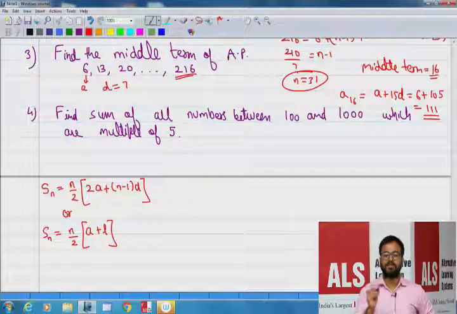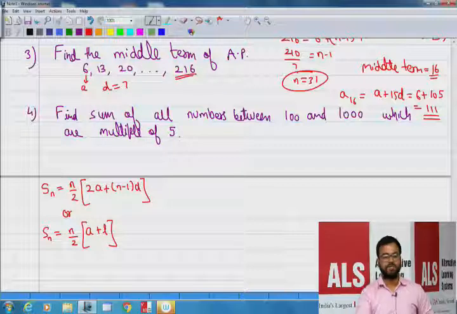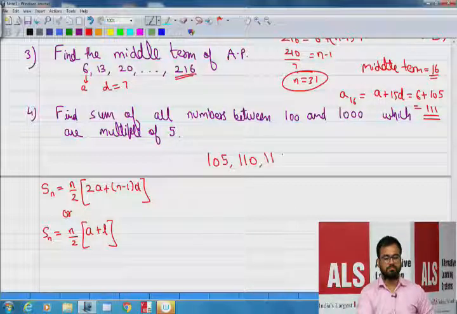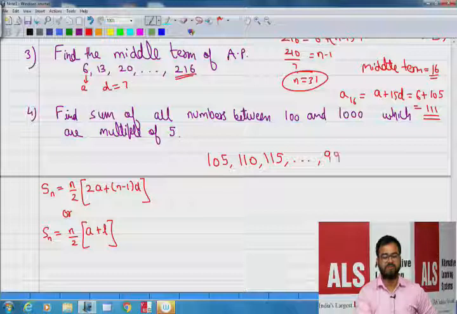Here it says find the sum of all numbers between 100 and 1000 which are multiples of 5. After 100, the multiple of 5 we have is 105, and before 1000 we have the multiple of 5 as 995. So we have to figure out the sum of all these numbers.